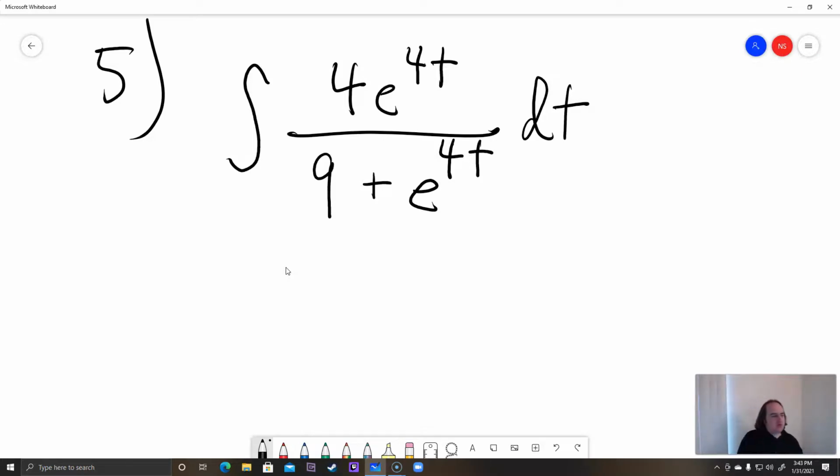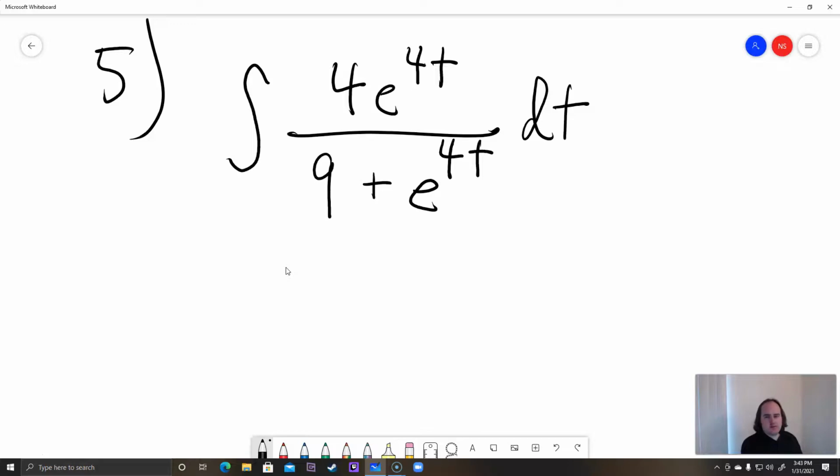Okay, so there's a couple of ways you can do this problem, but some ways will not work. One way you could do it is long division, which would be okay, but it might not be that great. So what you really want to do here is u substitution, but you have to be careful about what you choose as your u.